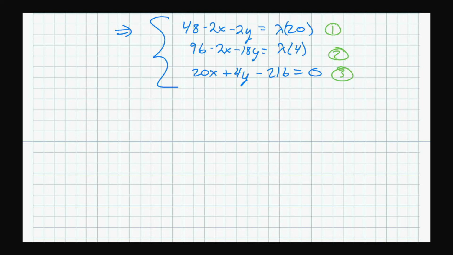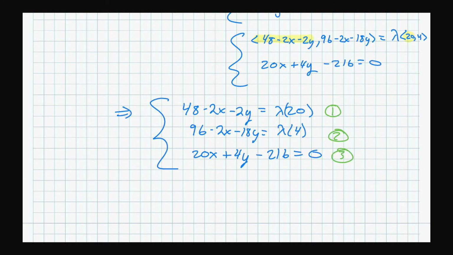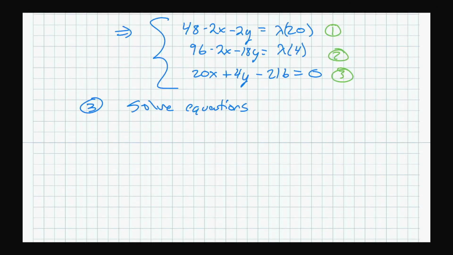I think the way to do this is, because I see equation 1 and equation 2 both have a 2x, so I think what I'm going to do to solve this, which I guess is the next part, step 3, solve equations, is if I subtract 1 and 2, I'm going to eliminate, oh no, I don't, hold on.